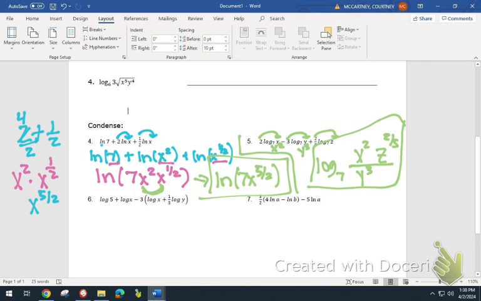Okay? All right, on number 6, what I would do here is distribute. So this is log 5 plus log x. Nothing going on with that. You are distributing a -3, so it's -3 log x. -3 times 1/3 is negative what? -1 log y, or just negative log y. So I would distribute here and here.